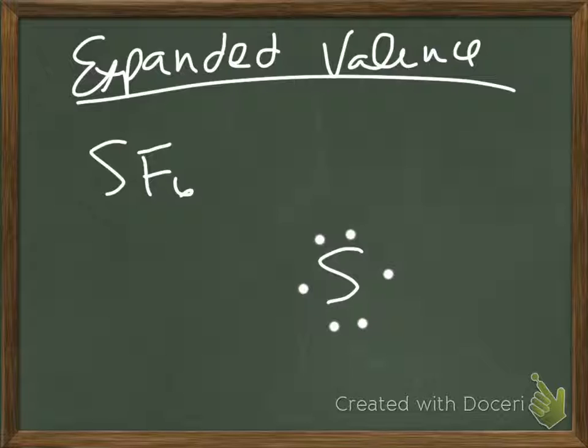If you have 6 fluorines to tie to this thing, how are you going to do it? It's like trying to plug 6 things into a 2-prong outlet. How are you going to do that? Does this work?